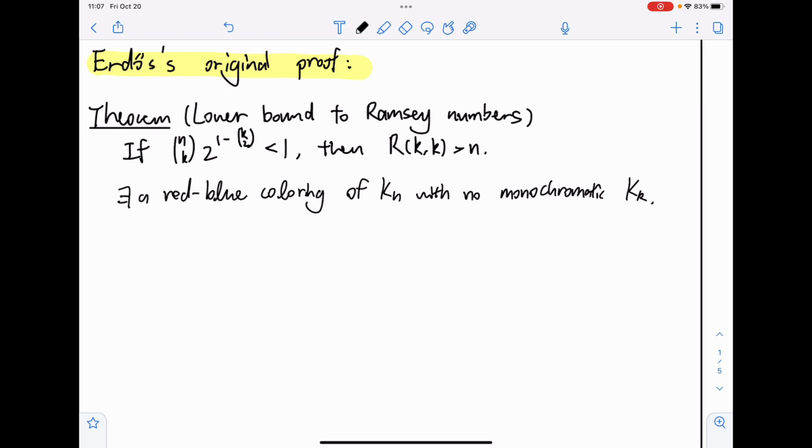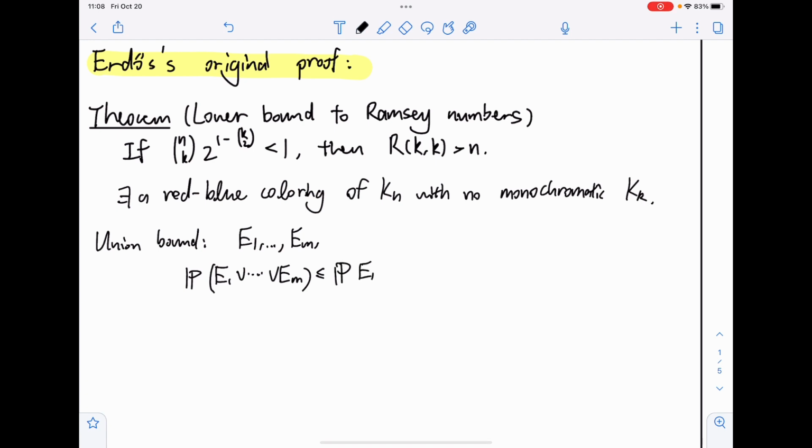In the proof, we're going to apply the union bound for events E1 to E sub m. The union bound says that the probability of any of them happening is less than or equal to the sum of the probabilities of each one happening.